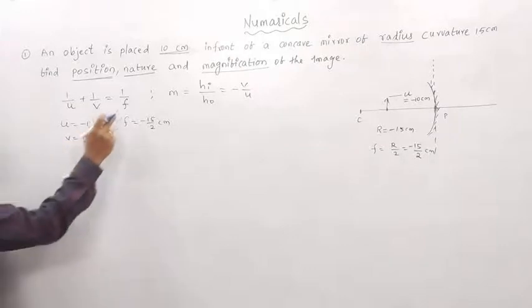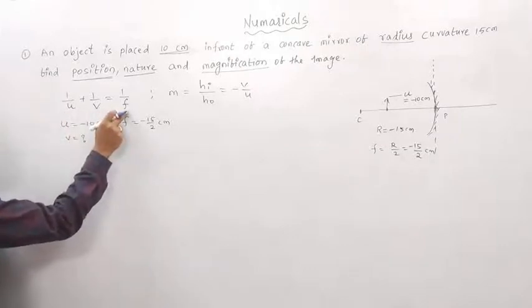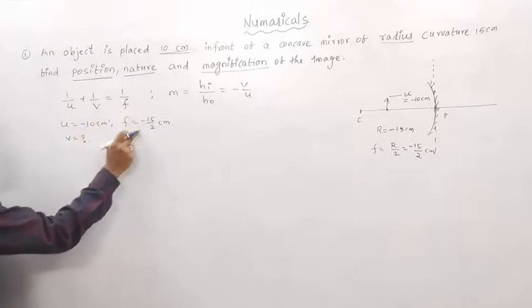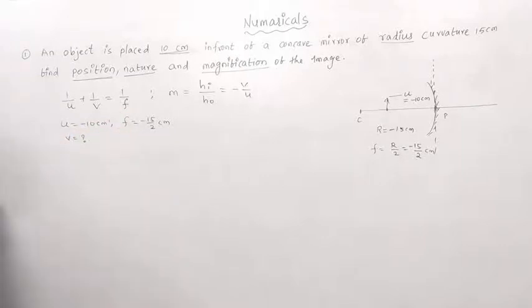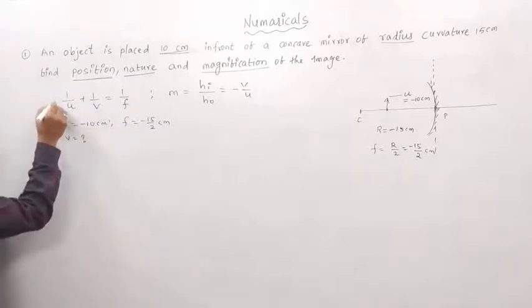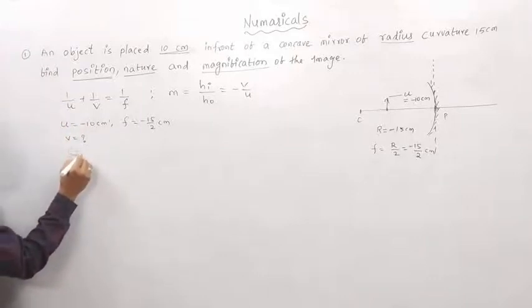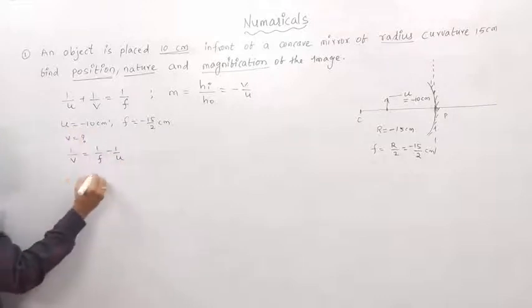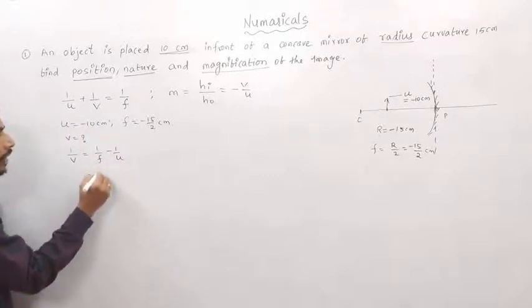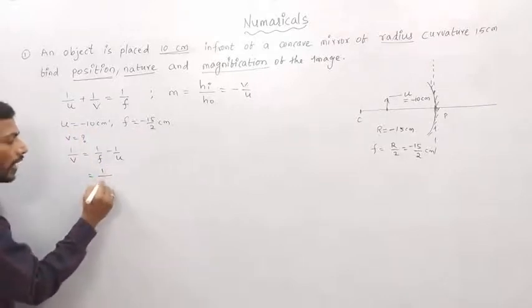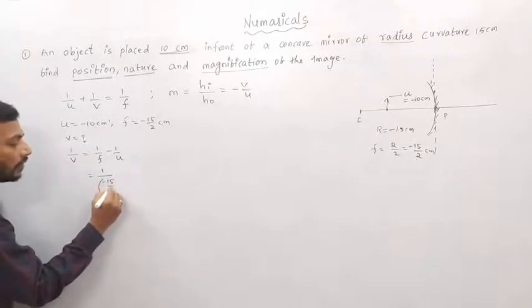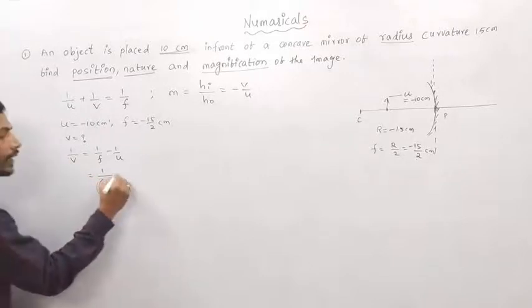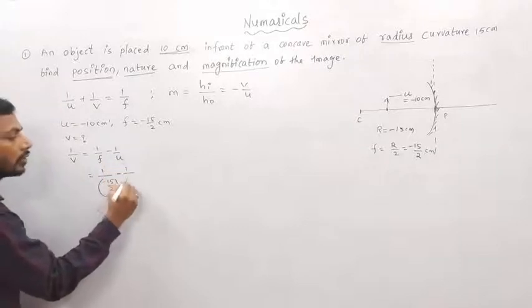Then I hope you know very well, out of these three variables, 2 are given, so you are able to find the v value. From this equation I am writing 1 by v equals 1 by f minus 1 by u. Please substitute the value. 1 by f value is minus 15 by 2, minus 1 by u means how much, children?